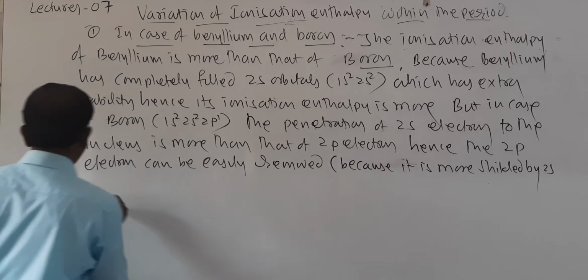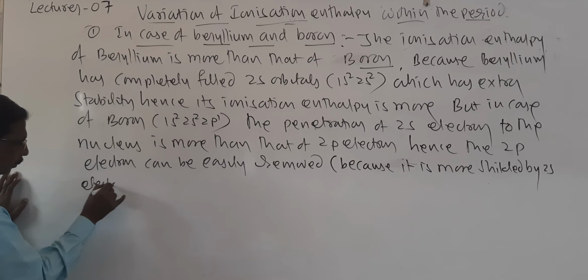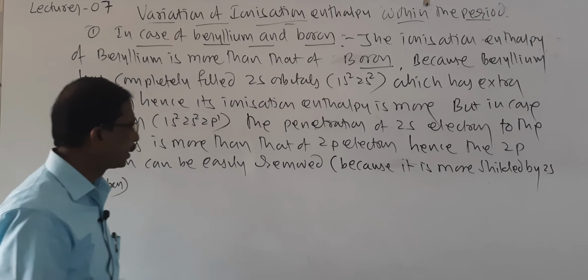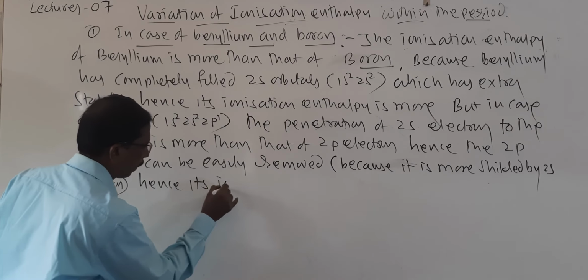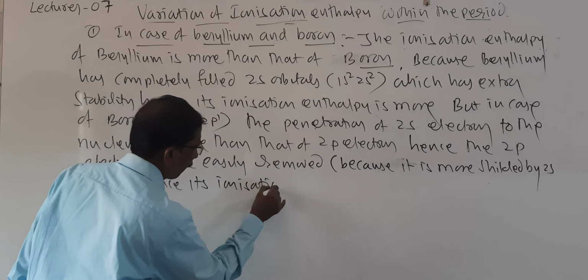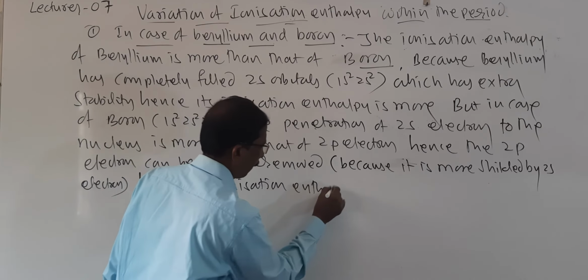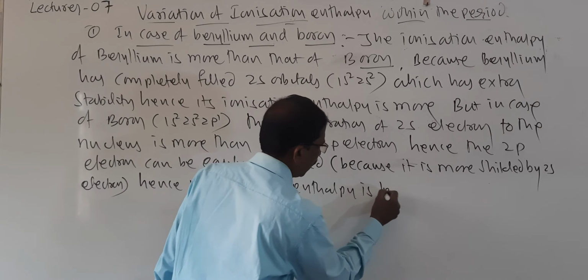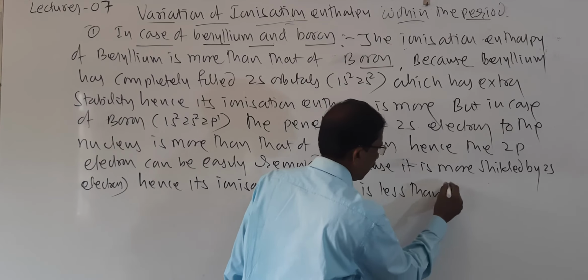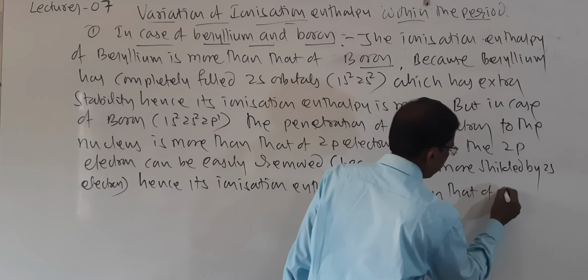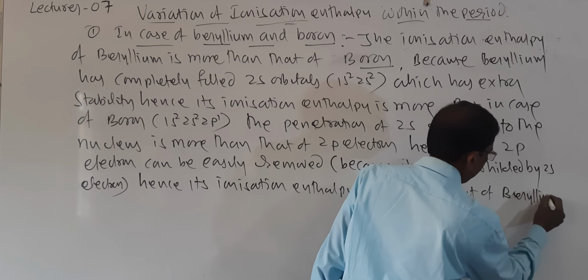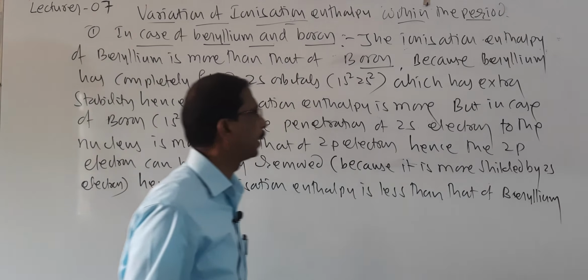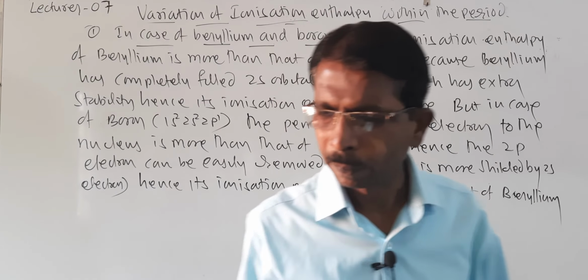It is more shielded by 2s electron, easily removed, hence its ionization enthalpy is less than that of beryllium. Look here student, this is the reason here.